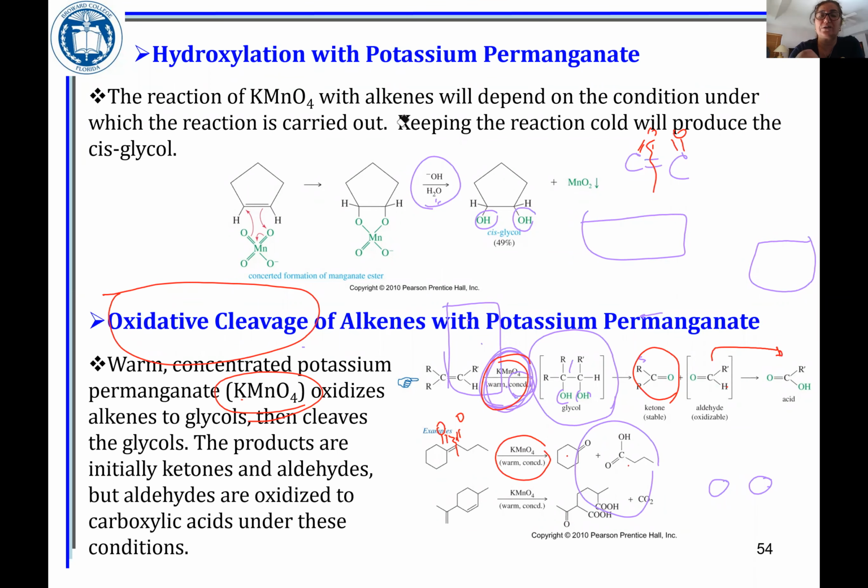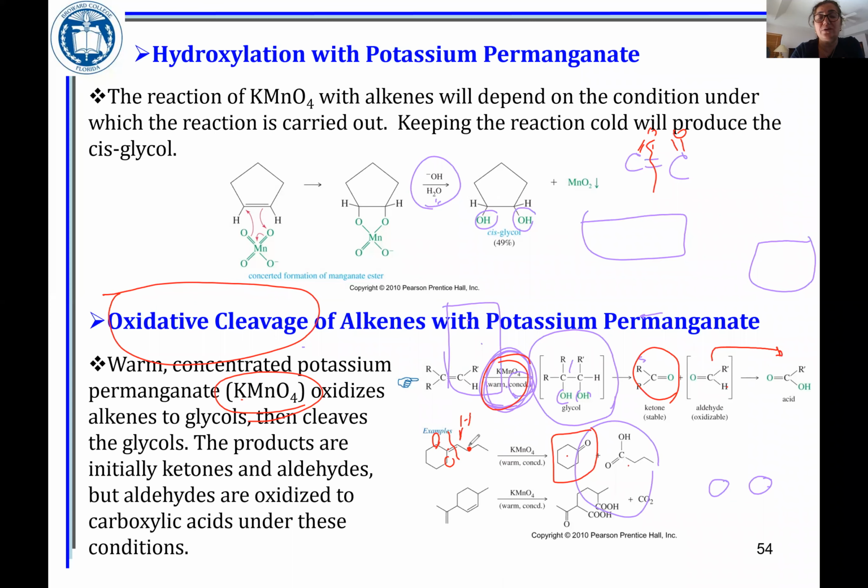In this case, if you look at it and compare what would be the final product, this carbon here is attached to two other carbons, so it's going to give you a ketone. The carbon on the right side is attached to one other carbon only and is attached to one hydrogen.